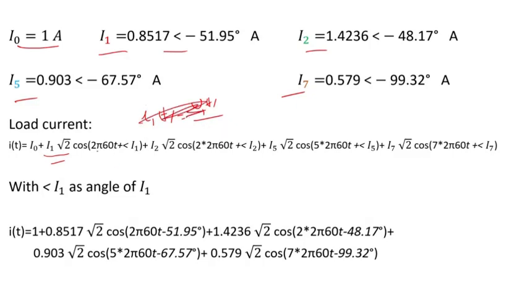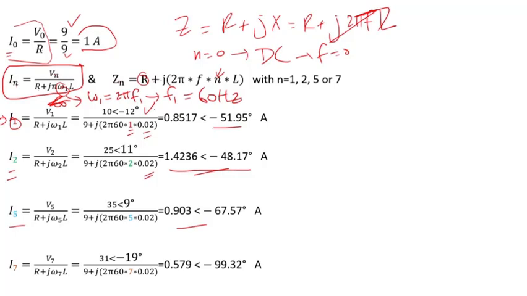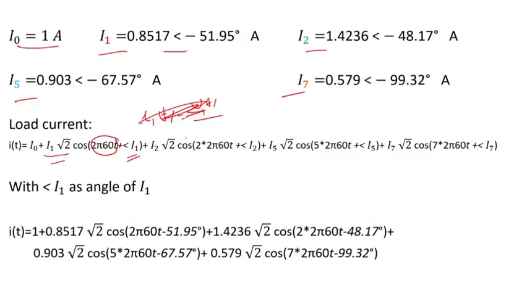Because I started from voltage, voltage has this here, that's why I kept it, plus the angle of the current I1. If you go back here, I1 has this angle here. That's what I mean by this term. You do the same thing for all the other terms. Basically, I'm converting from RMS to the time domain. This symbol here just means the angle of I1. If I plug in the numbers, I get this crazy equation here.